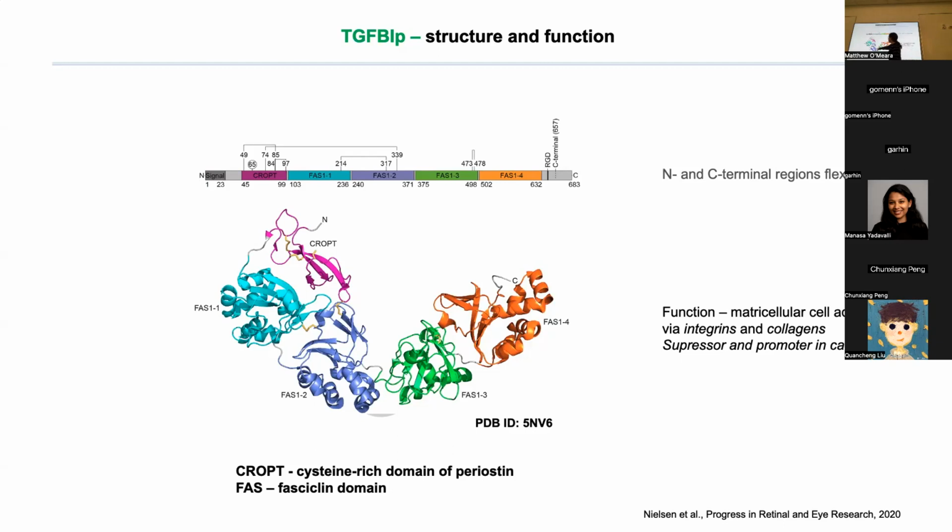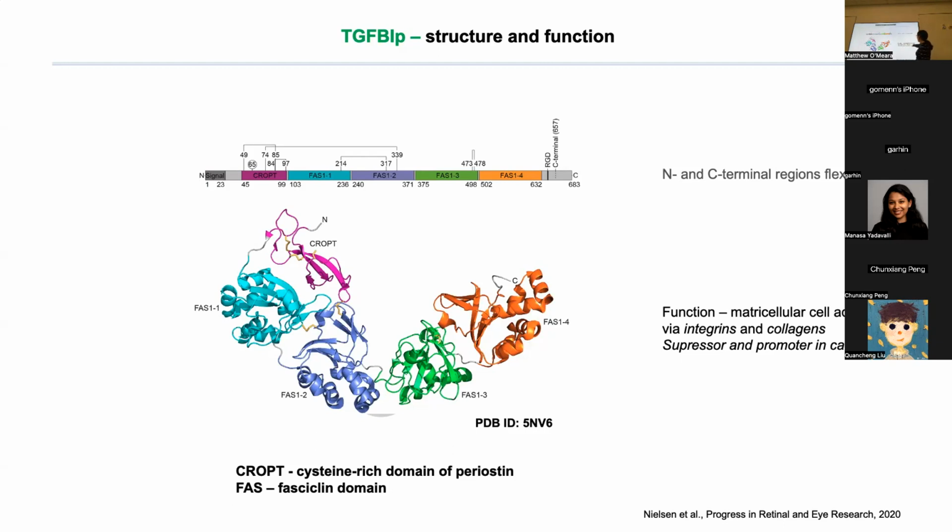Notice that here in the middle there is this FAS domain, and domains 2 and 3 are connected through a flexible linker. So there is a lot of movement occurring in that area. This is something which one might consider for stabilizing.